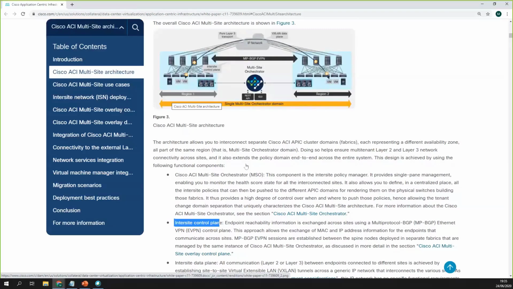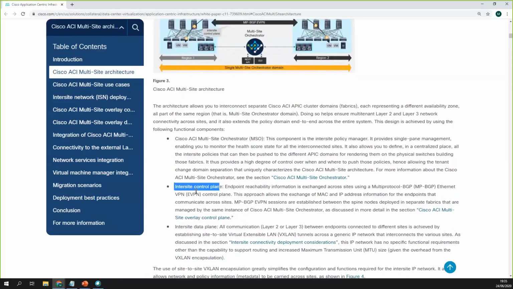So it's an inter-site control plane, which is the BGP EVPN side of things, and an inter-site data plane, which is the VXLAN.